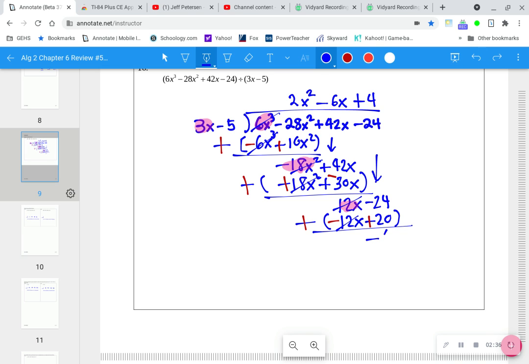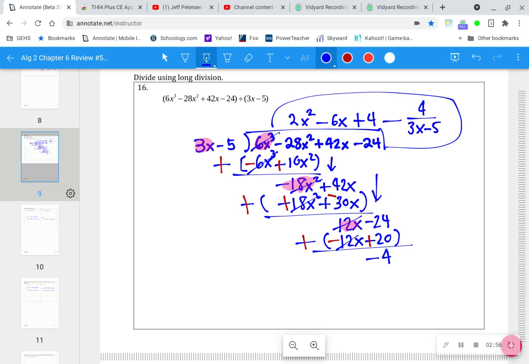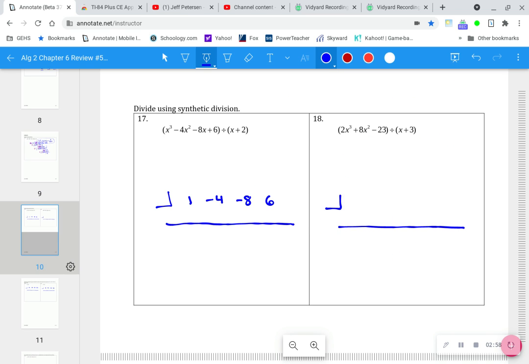Let me write that down a little better. So when you have a negative remainder, you put a minus and a 4 over what we've been dividing by all along. And we have our quotient up there at the top. It doesn't include that part. Okay, so there's our quotient, and that does it for example number 16.